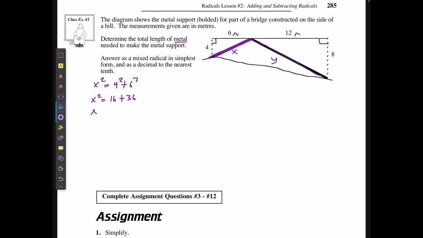X squared is going to equal 52. So x would equal the square root of 52. And then I have to simplify that. And it's going to become 2 root 13 meters in a simplified form.